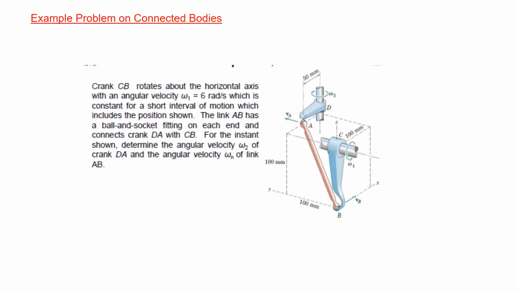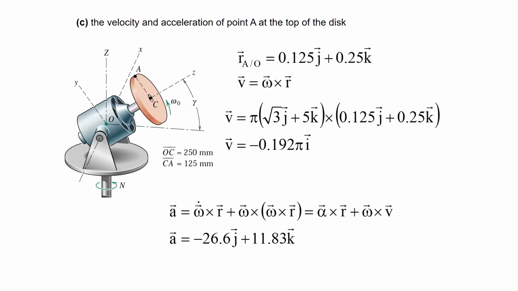Obviously, with respect to the fixed point O, we need the position vector of A, which is along the y-axis, so much radius, and along the z-axis about 0.25. Along this z-axis you are at a distance of 0.25, and along the radial direction you have another 0.125, that is in the y direction.